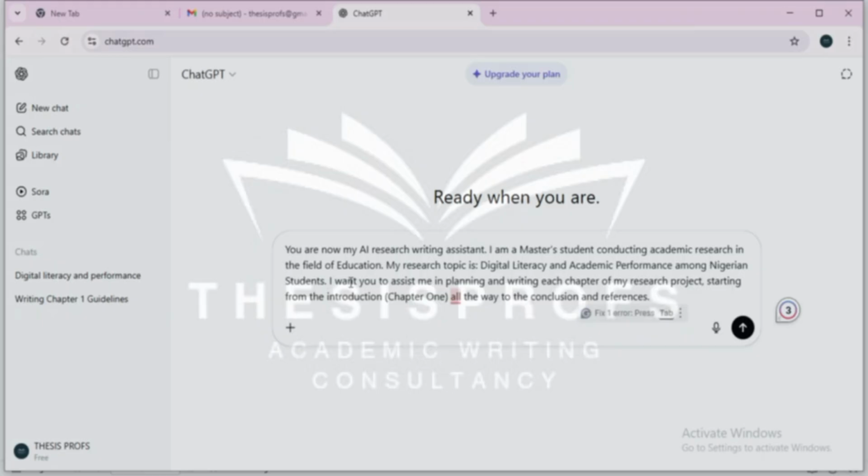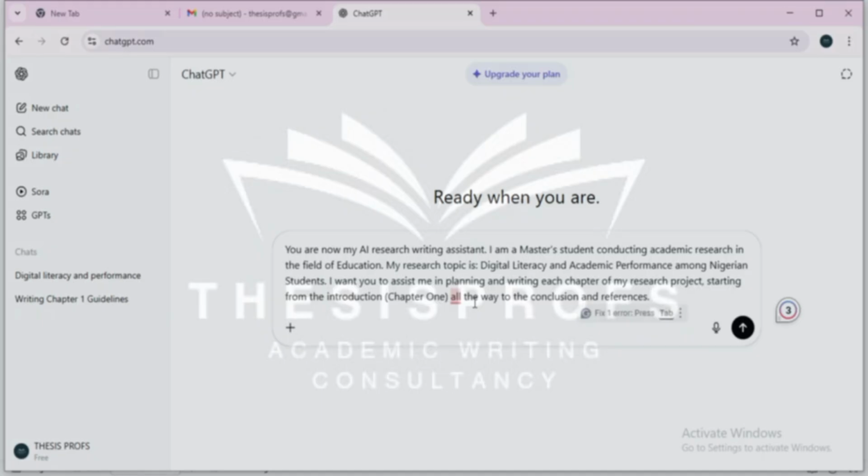So you see this, and this is just me priming the AI, calling its consciousness to the fact that, okay, look, I am a master's student. I am conducting an academic research in the field of education, and then I have provided my research topic. Now I'm trying to prompt it to really understand what it's going to be doing.